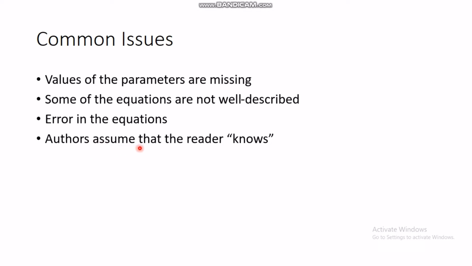Authors assume that the reader knows. This is very common with authors, especially new researchers. It is not very easy to write a research paper that is friendly for everybody.